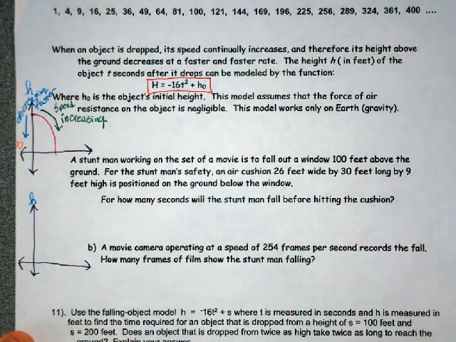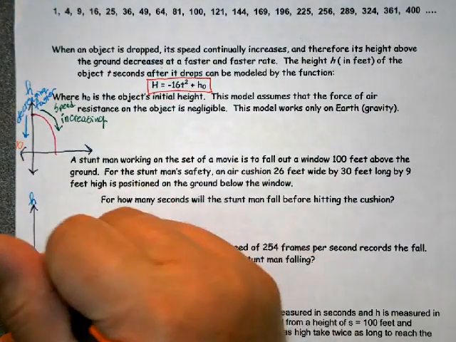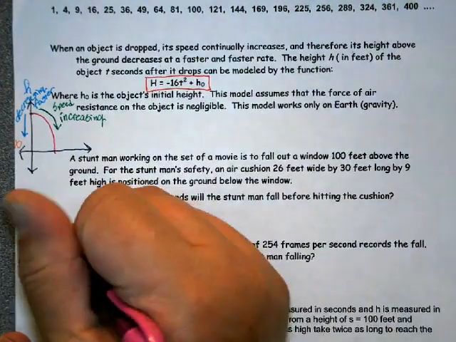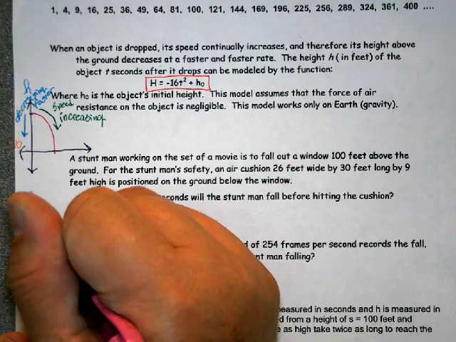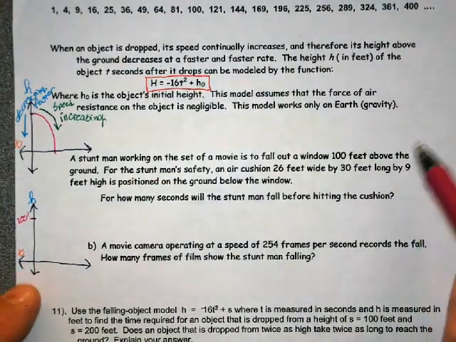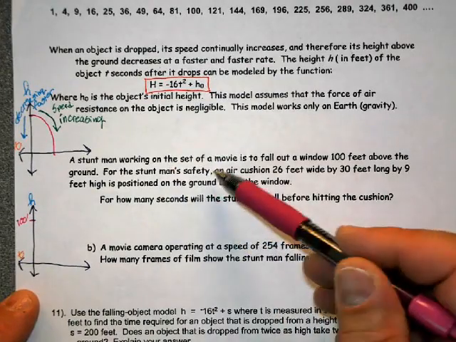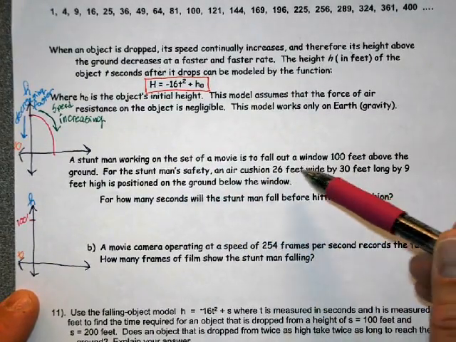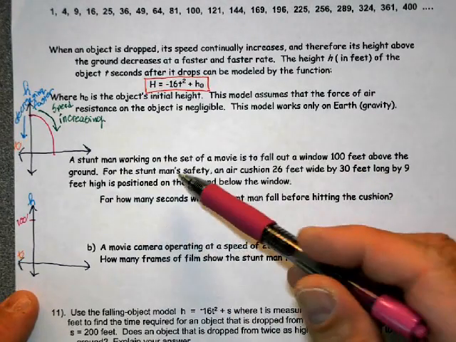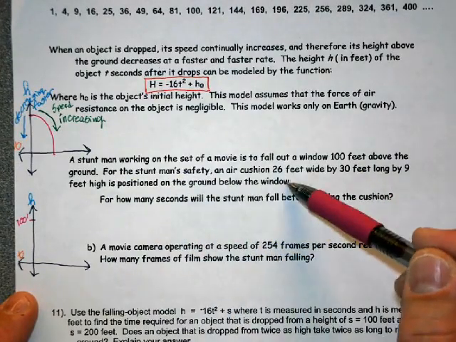Here's the time. So this guy, starting here at 100 feet. Okay, so he's falling out of a window. For the stuntman's safety, an air cushion 26 feet wide by 30 feet long by 9 feet high is positioned on the ground below the window.